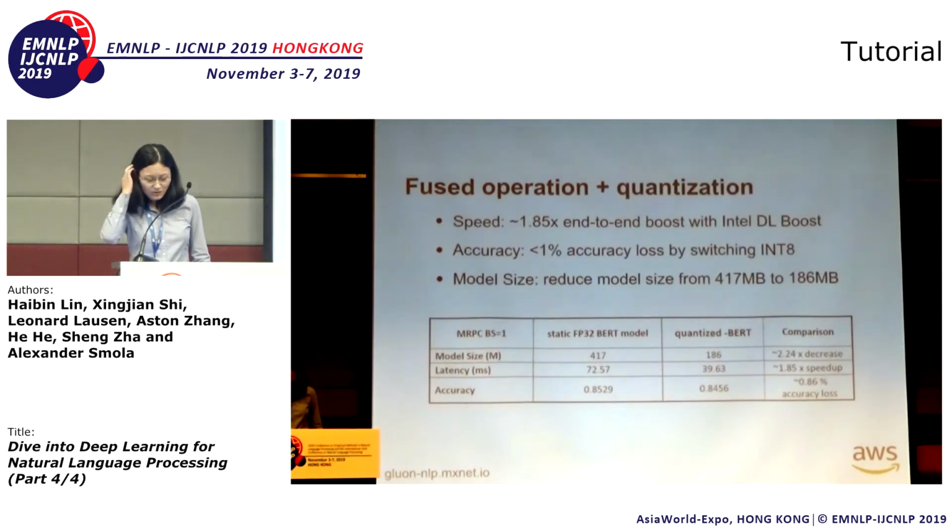And in addition, we can also do quantization on top of that using the Intel DL Boost library. In this case, we reduce the model size from over 400 MB to lower than 200 MB, and we also get around 2 times speed up on CPUs.